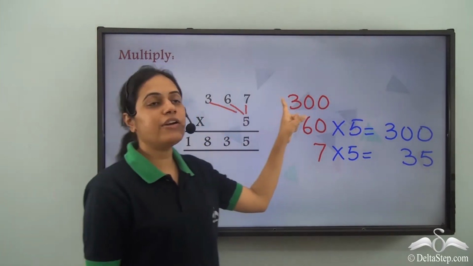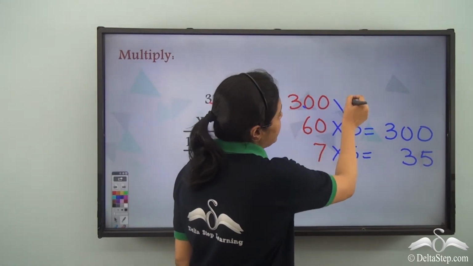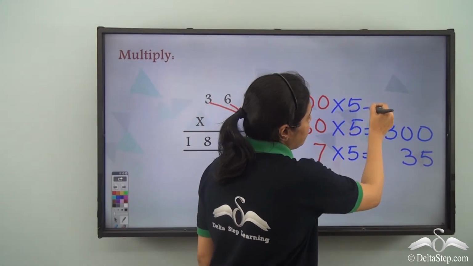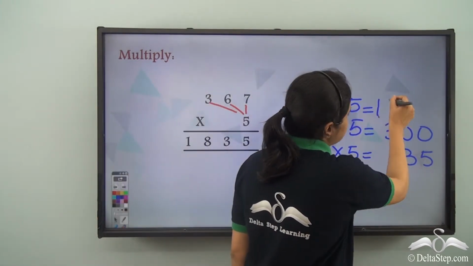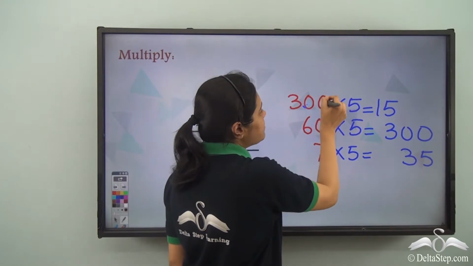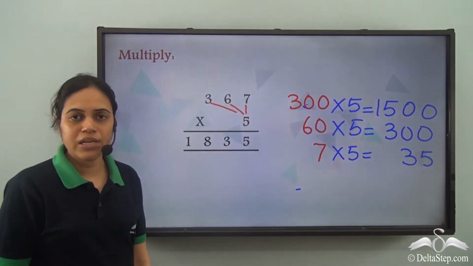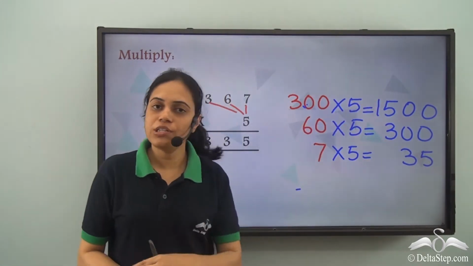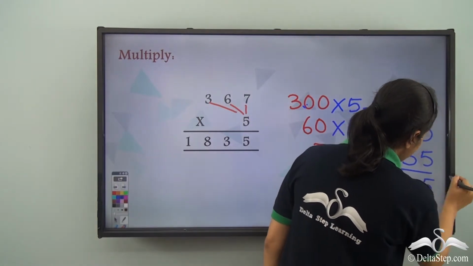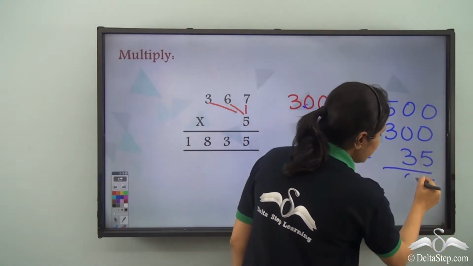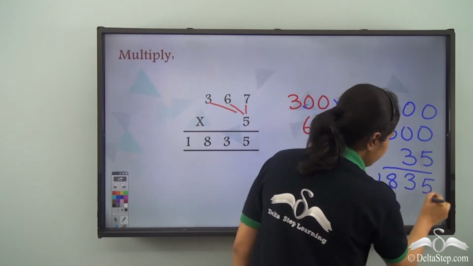Now I have 300. If I multiply 300 by 5, what do I get? 3 into 5 is 15 and I have 2 zeros. So I put these 2 zeros here and now I add all 3. So 0 plus 0 plus 5 gives me 5, 0 plus 0 plus 3 gives me 3, 5 plus 3 gives me 8 and I have 1.